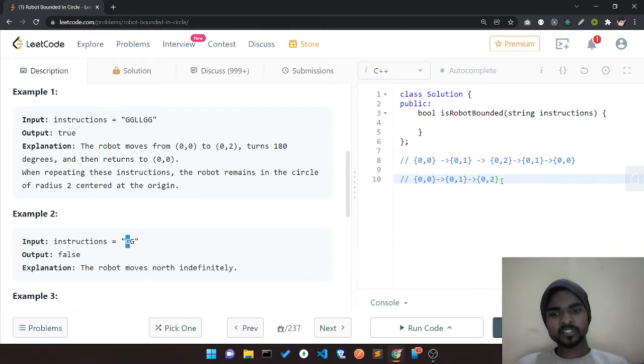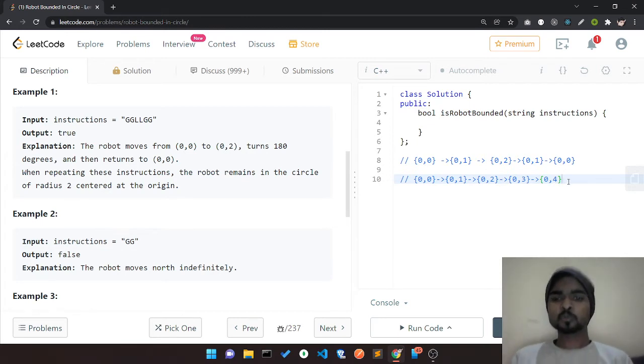Here I notice one thing: if I execute this code again, it goes to 0 comma 3, and after that 0 comma 4, and it goes on in a straight line. So it's never possible that it reaches 0 comma 0 again. So in that case I'll just return false. There is no cycle present in that case.